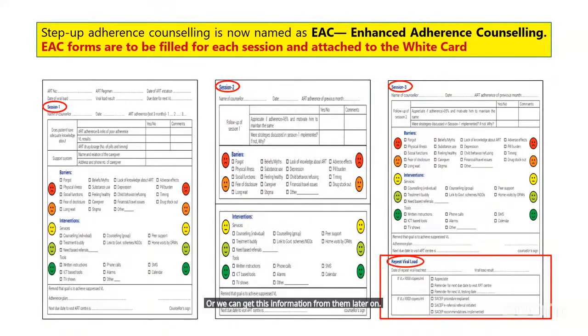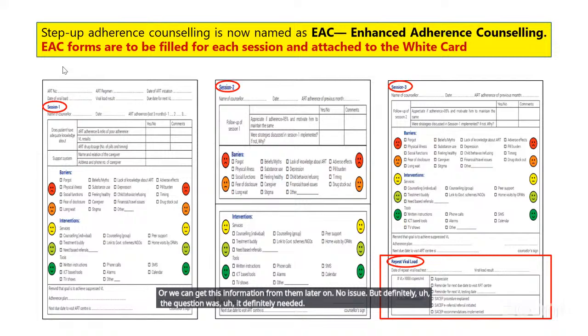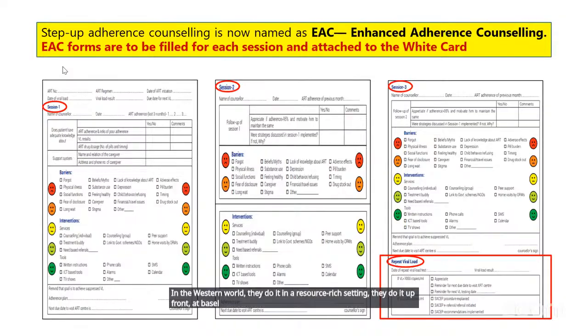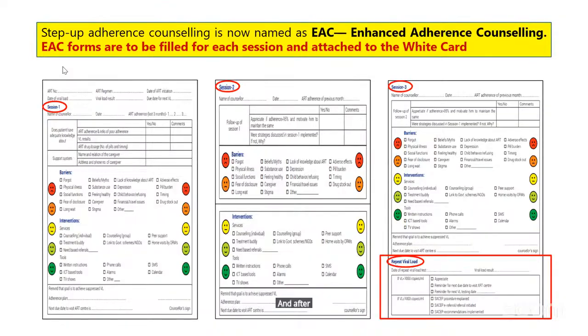No issue. But definitely the question was needed. In the Western world, in resource-rich settings, they do it upfront at baseline and after failure on each occasion. But this is absolutely costly and unavailable in our country.